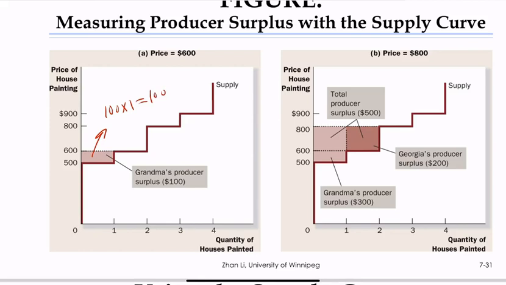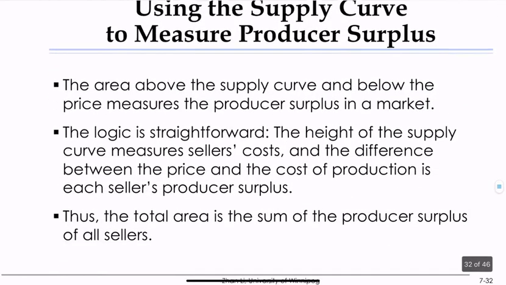Now, let's say the price is actually $800. We could see that we have two rectangles here. The first rectangle has an area of 300 times 1. The second has 200 times 1. So the total would be 500. That is, the total surplus at a price of $800 is 500.